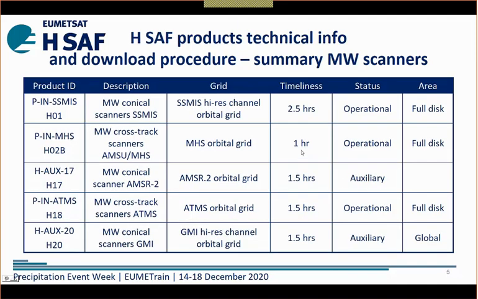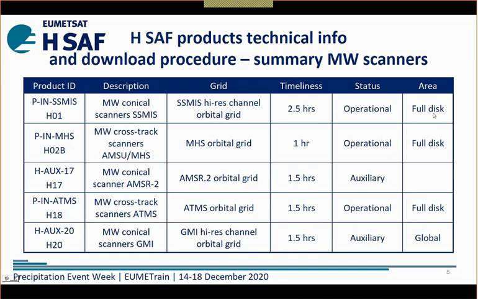Just to give, I hope, a clearer idea of what these numbers mean, we see now the 5 products related to the microwave scanners for the low Earth orbit satellites. They can work both from conical scanners and cross-track scanners, and usually we have a full orbit available in something like 1 hour and a half or maybe a bit more, and all of them are operational, completely operational.